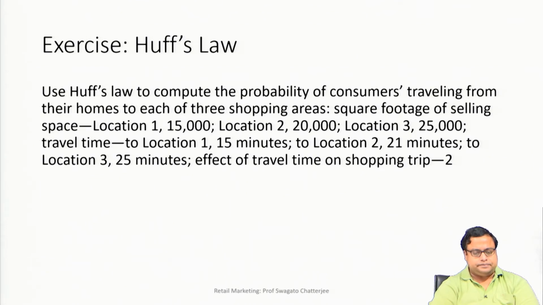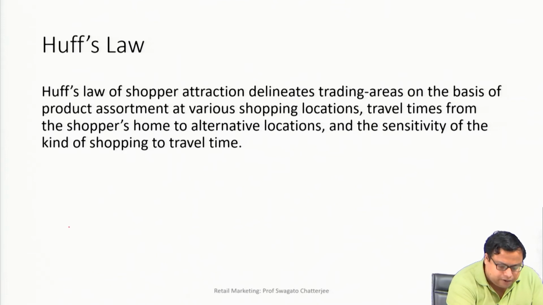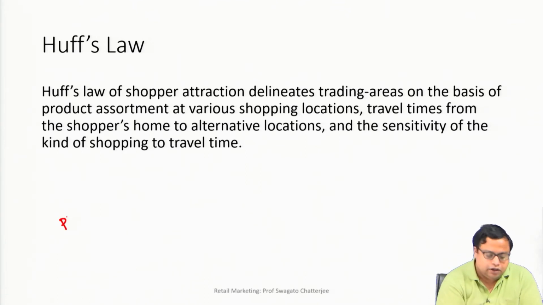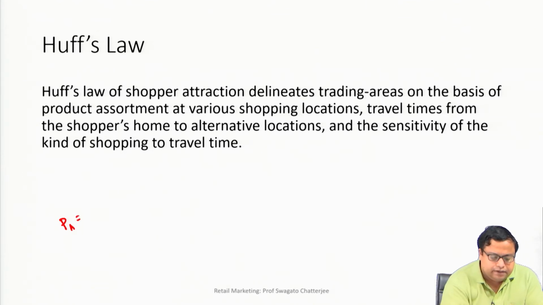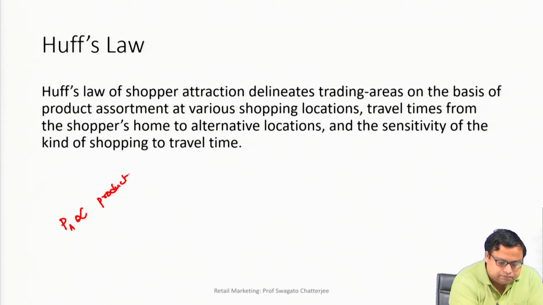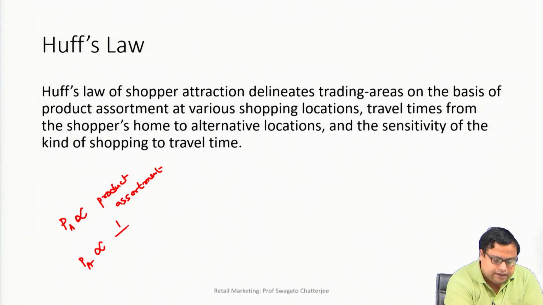For example, what I am trying to say here is that your probability to shop in a particular store A will be proportional to the product assortment, and it will be inversely proportional to, let us say, the distance.